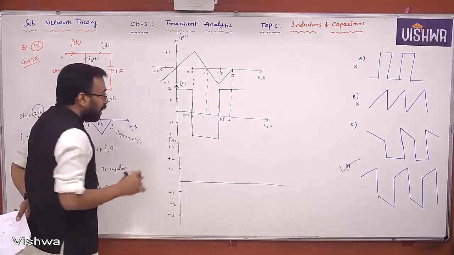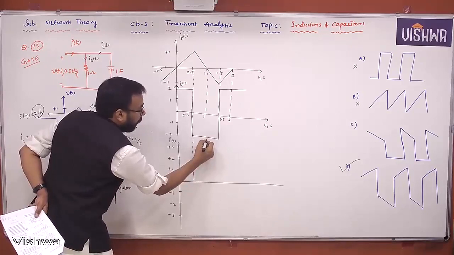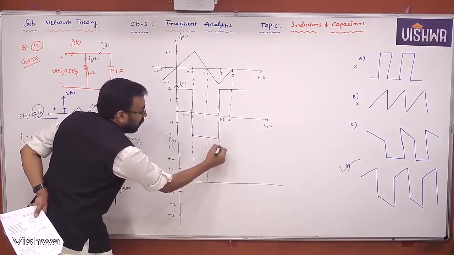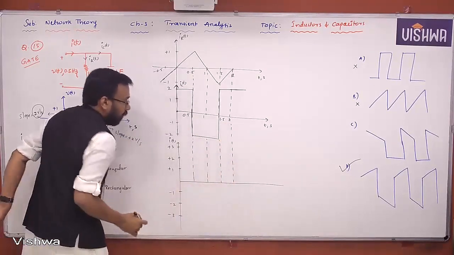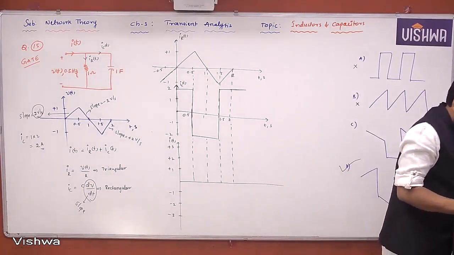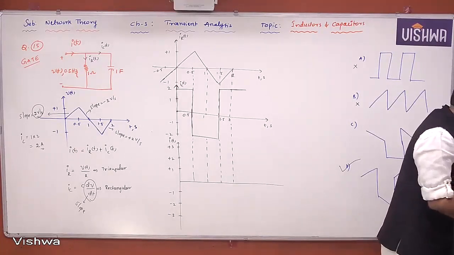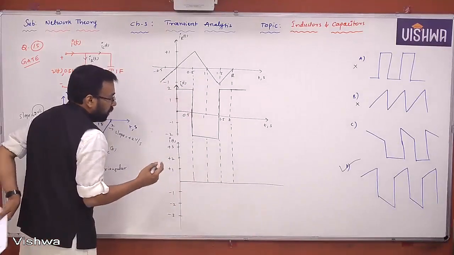Understand all of you? Now look at this. This is 1, 1.5 and then 2, right? When you add both of them, you see how you are going to get.